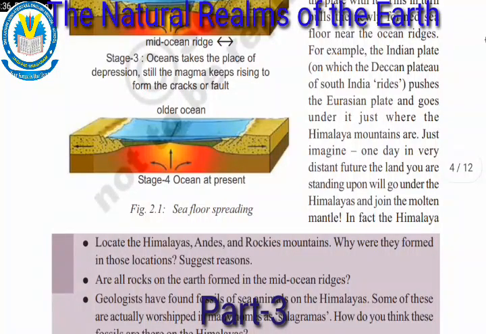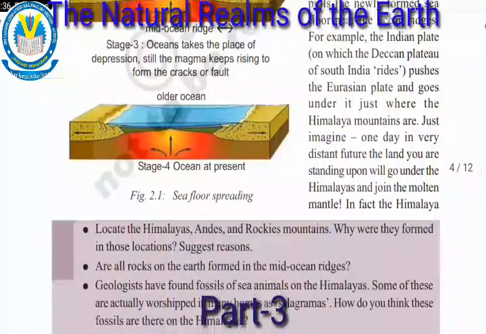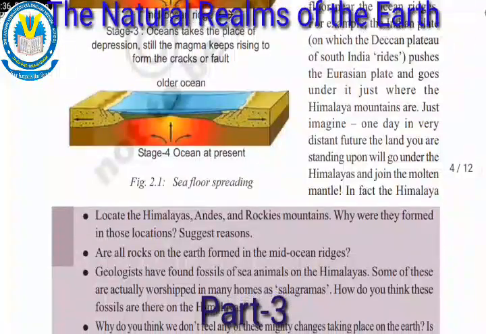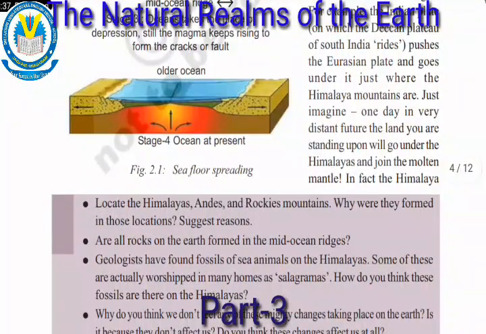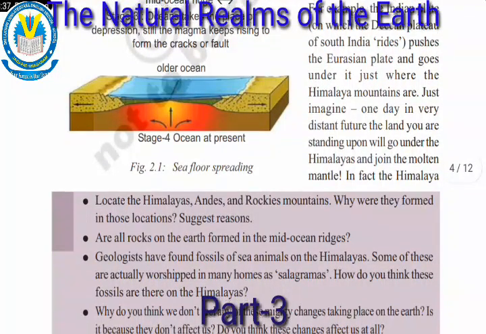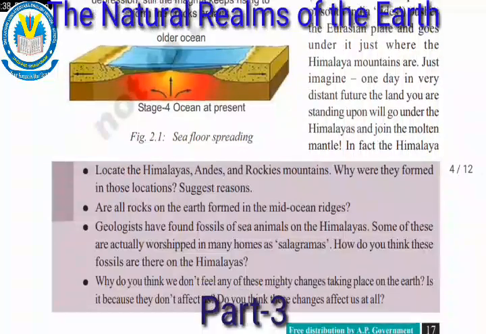So, a clear cut example that is given here is that the two plates actually meet at one point: a plate that is moving and another which is not moving, a floating and a stable one. So, the floating plate comes under the stable plate, then it becomes molten, and where they meet, there is a new land.